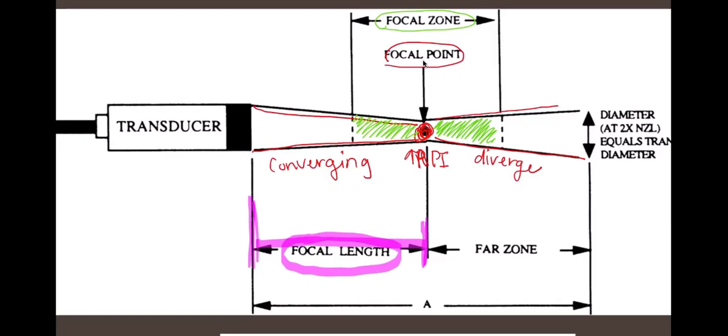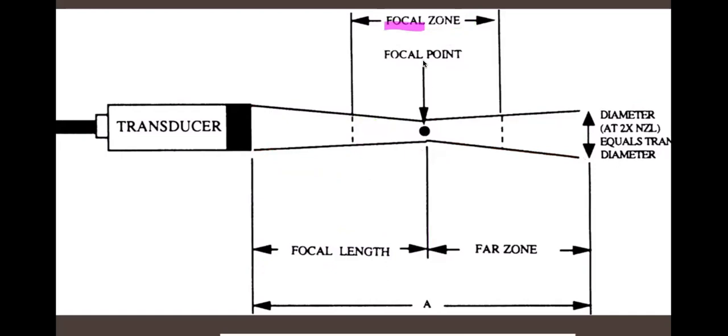So on the test, when it says the focal length, a lot of people think they're talking about the focus or the focal point or the focal zone. This is just because the word focal is there. It is not the same location. So draw attention to that so you don't forget. And we're going to talk about some AKAs for that because there's definitely other ways of saying it.